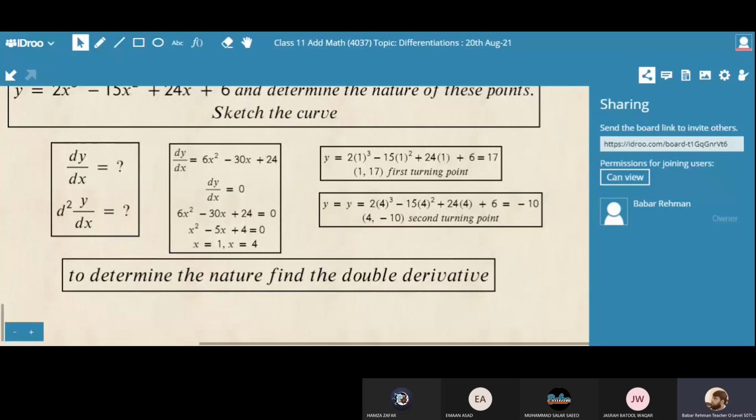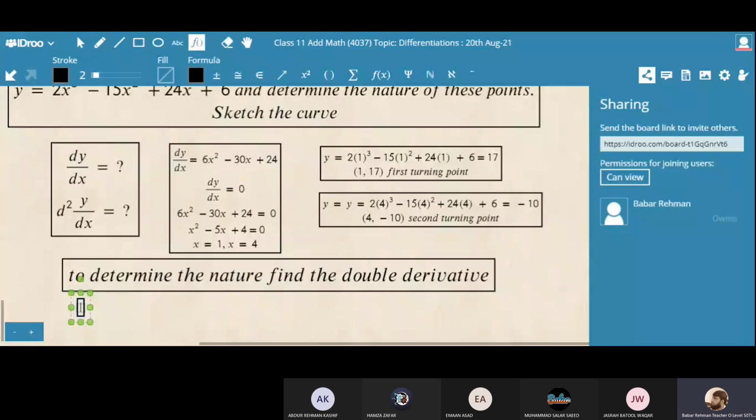Okay, student, now there are two values of x. One by one, you will input them. Substitute x is equal to 1 and x is equal to 4 in the double derivative.